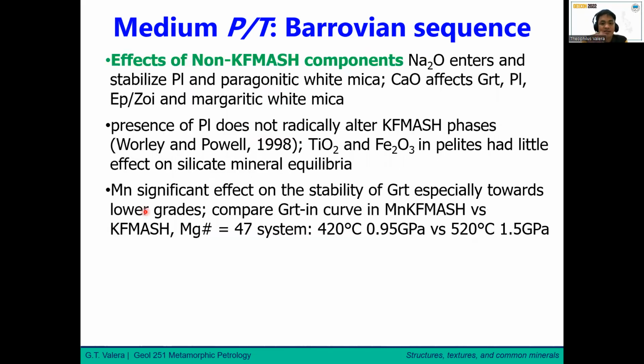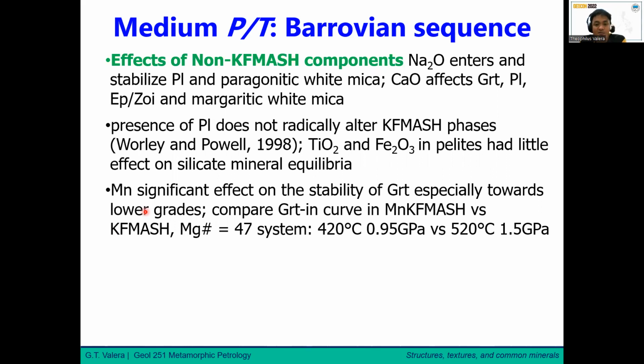Okay? So, effects of non-KFMASH components sa ating stability ng phases. So, sodium enters and stabilizes plagioclase and paragonitic white mica. Little calcium sa pelitic rocks can affect garnet, plagioclase, epidote, and zoisite, and margaritic white mica.